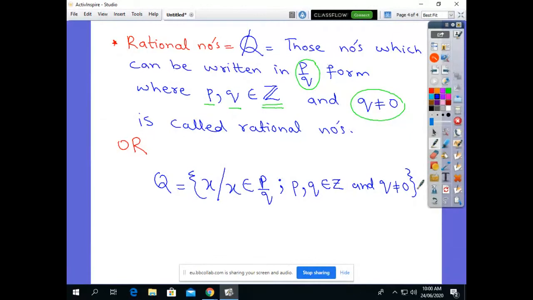This form is called set builder notation.